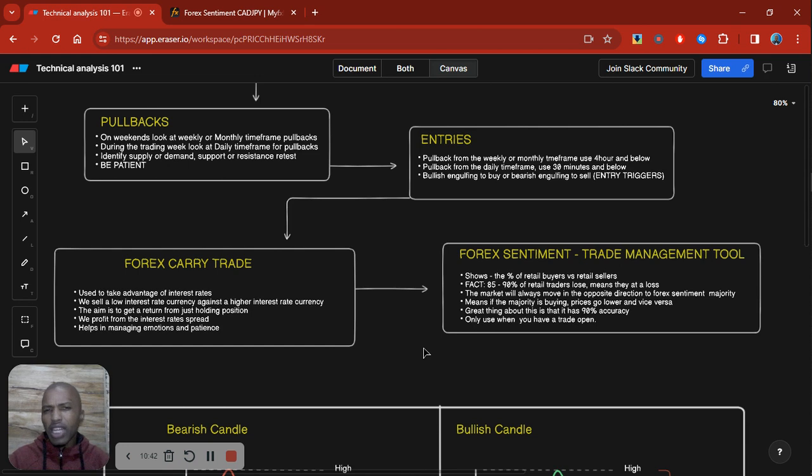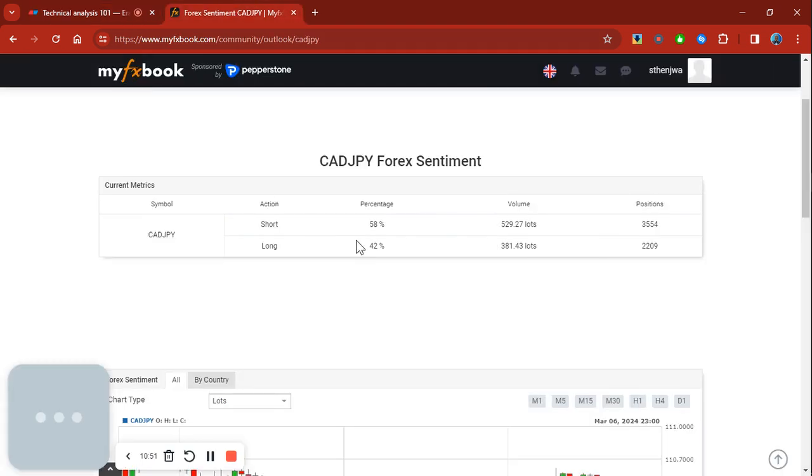I think it's the one that speaks about technical analysis, but I'll tag it up here, right? I explain this in further detail. Essentially, this is forex sentiment, and we understand that the majority of retail traders are wrong. So if the majority is in a certain direction, then price generally moves in the opposite direction, right? So as you can see, CAD JPY majority short.